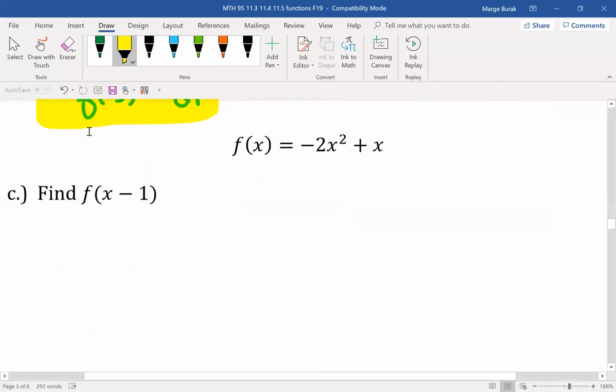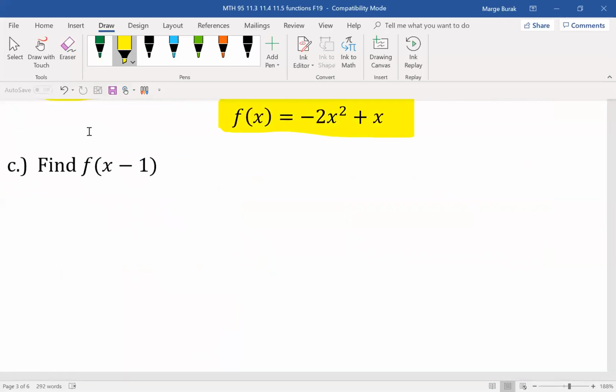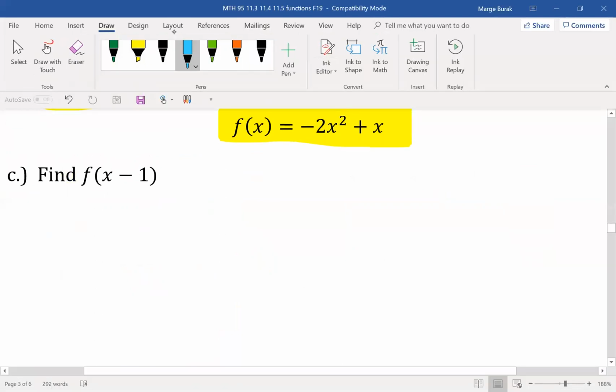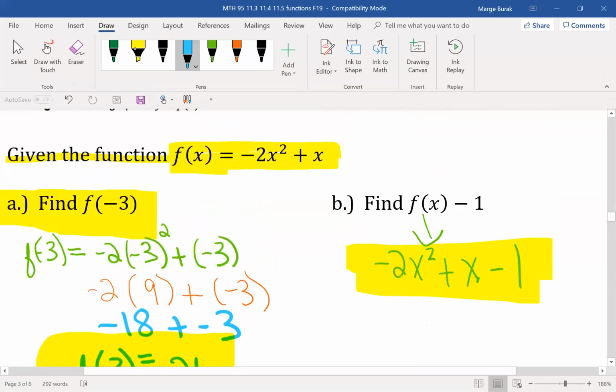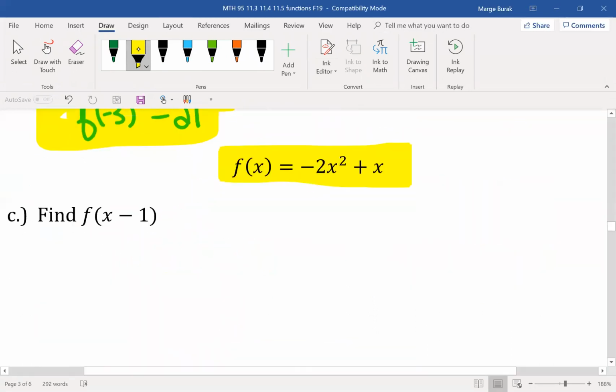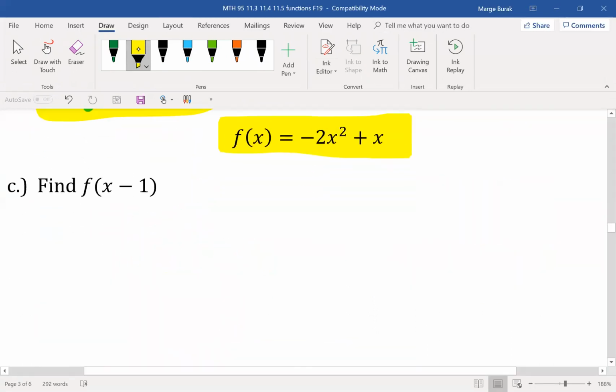Now we have the same function right here, only this time we're going to do f of x minus 1. Now, I want you to pay attention to the difference between this and what we just did. So the previous one was f of x and then subtract 1, whereas this one is f of x minus 1.